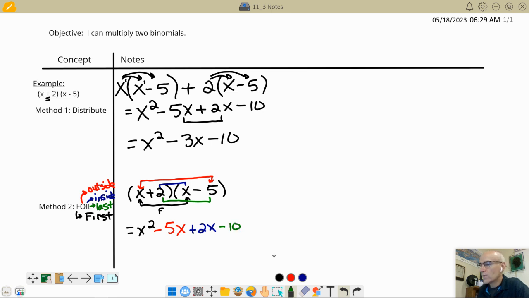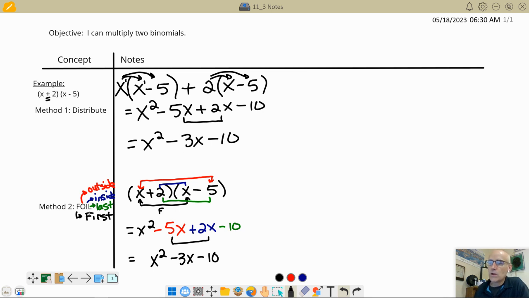Okay, now I need to look for like terms just like I did up here, right? And we said the only like terms are the negative 5x and the positive 2x. So those two added together, or subtraction, however you want to think about it, 2x minus 5x or negative 5x plus 2x. And then we've got our x squared right here. And then we've got our minus 10. So this is all we're doing today. We're doing the distributive property.